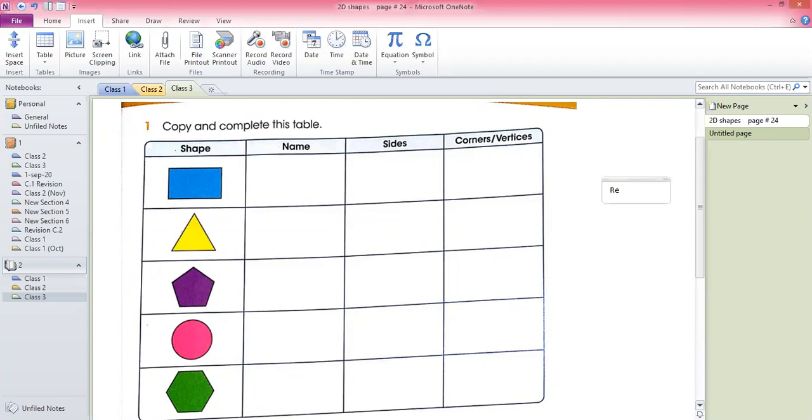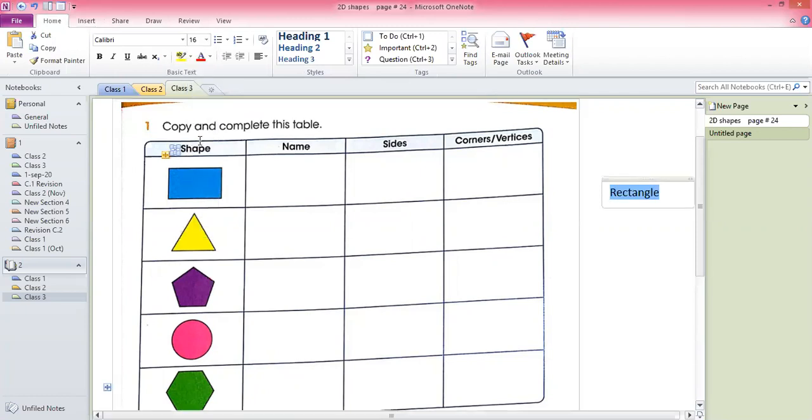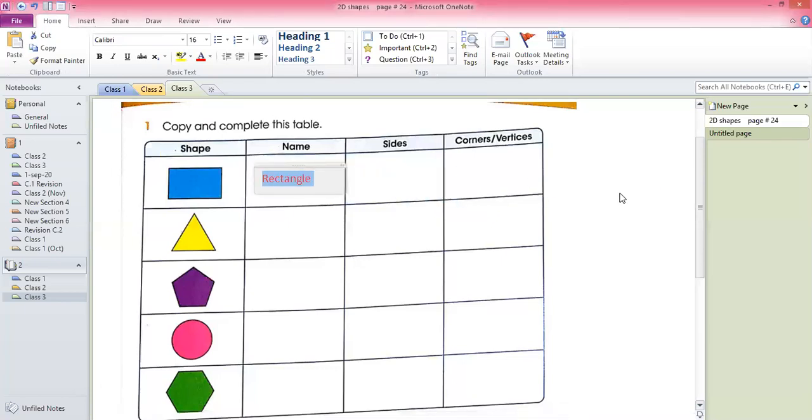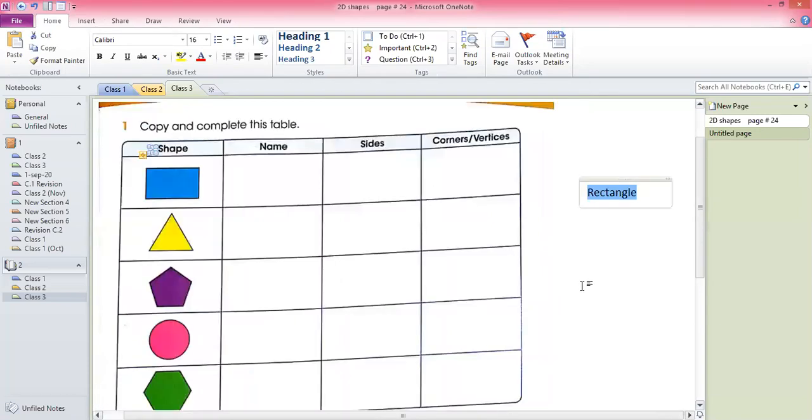Write its name. It is a rectangle. How many sides does it have? It has 4 sides.